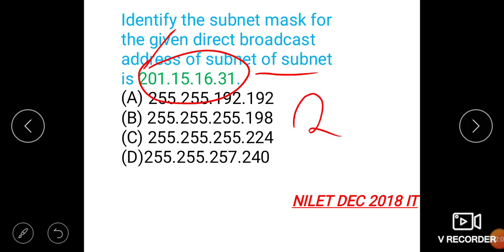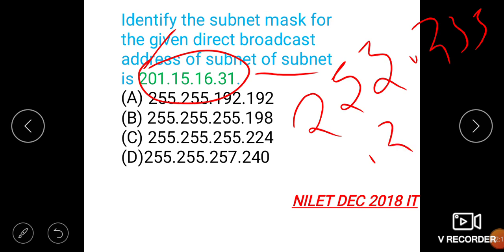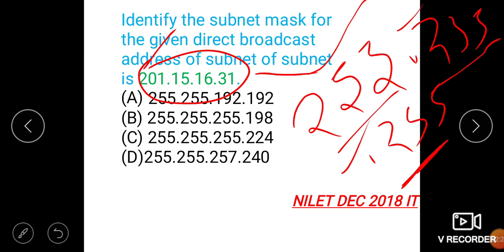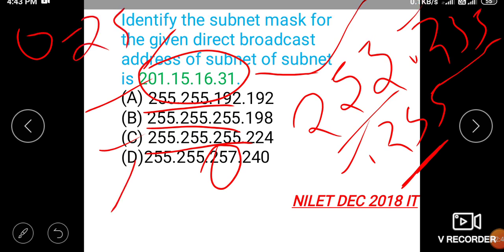In a class C IP address there are three 255s, 255.255.255, one in each of the first three octets. Here each option is given, but you can see that 257 is given. 257 should not be an option, since the value should be between 0 and 255. So you can eliminate this option.